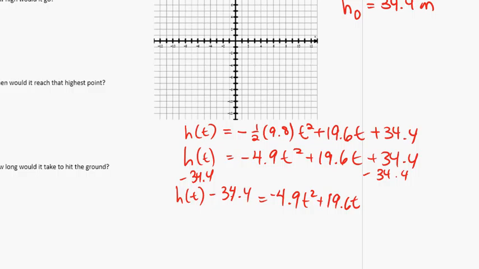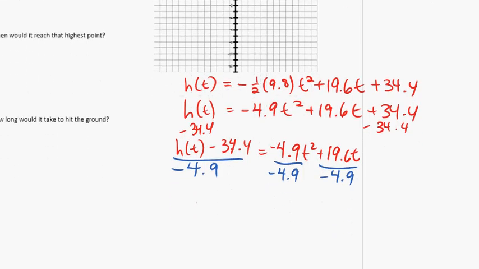And now divide both sides by negative 4.9, the whole thing by negative 4.9. And so now I'm left with h of t minus 34.4 all over negative 4.9 is equal to t squared minus 4t.